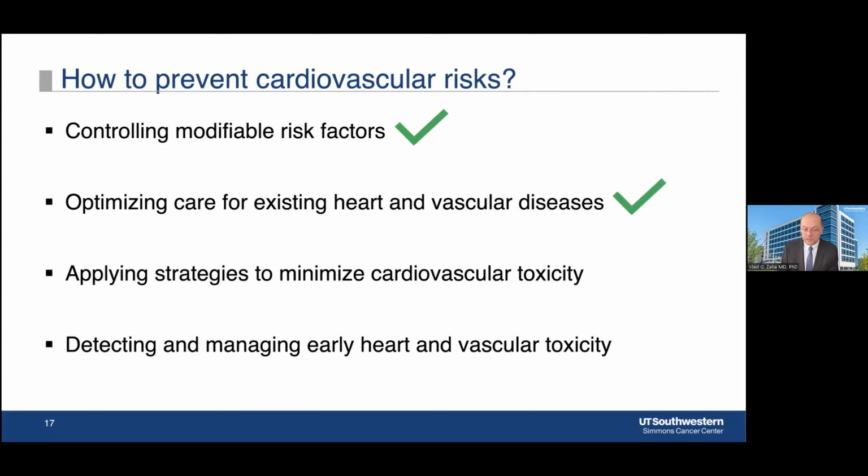We can apply strategies to minimize cardiovascular toxicity, and this is the partnership, a close partnership with hematologists and oncologists. So we talk a lot about different situations where there's an opportunity to minimize the risk. And I would say not the least, by detecting and managing the earliest toxicity signs that we can identify, and then allowing for the treatments for cancer to continue.